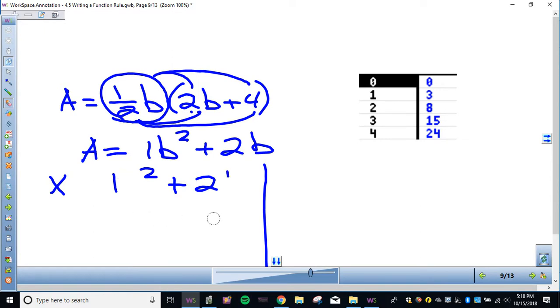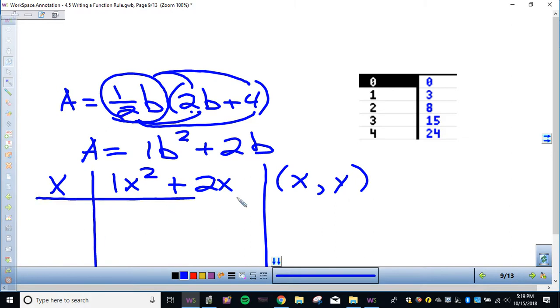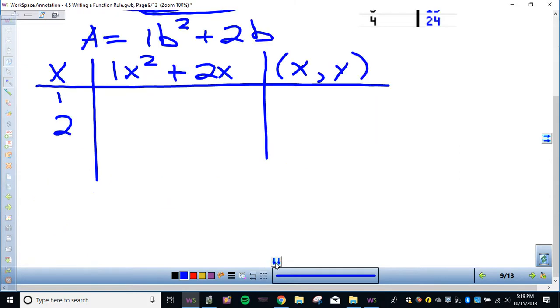That'll make more sense to graph. And then remember we have x comma y like we did from the previous section. And we're going to plug in, there's no point in plugging in 0, so I'm going to plug in 1, 2, and 3. So when I plug in 1, I get 1 times 1 squared plus 2 times 1.